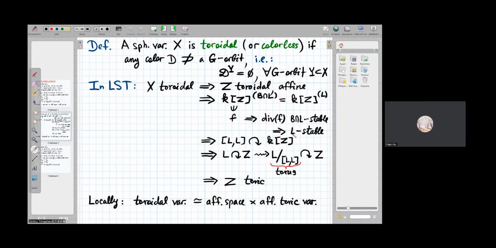Excuse me? Well, the comma between toroidal and affine is just like a prime for L? You mean this comma? No, this is a comma, not a prime. This is a comma for the previous line, I mean, I don't know how to put it here.